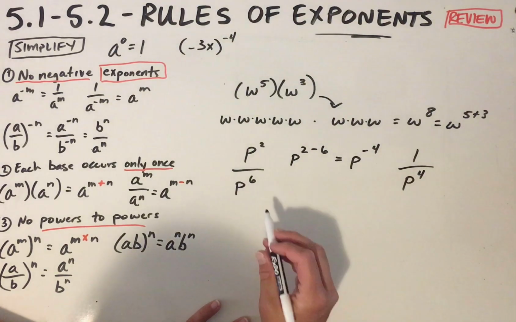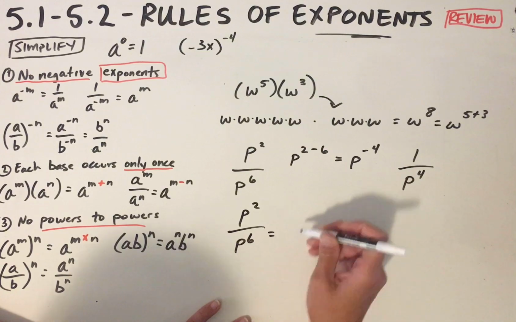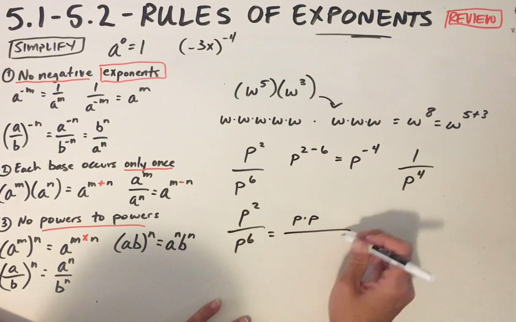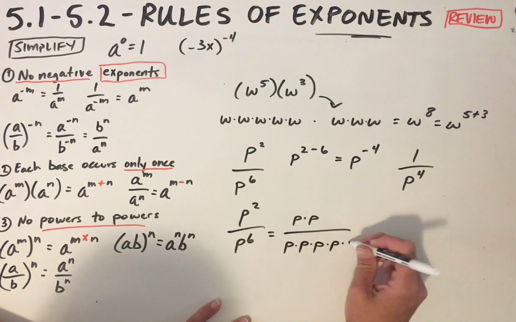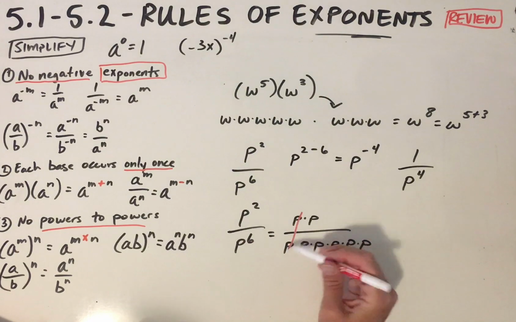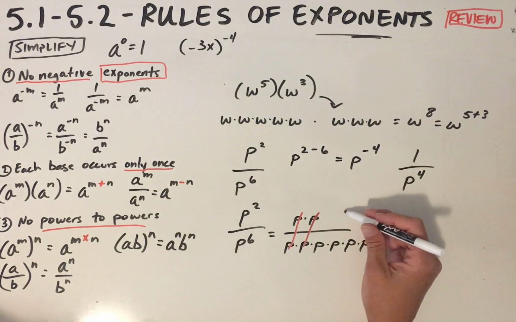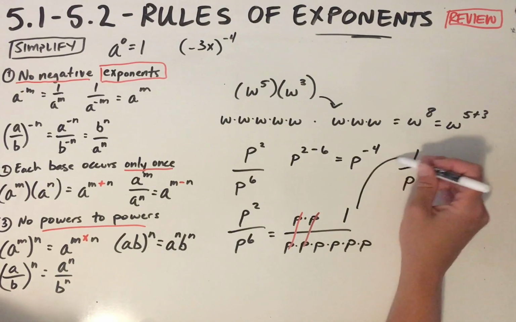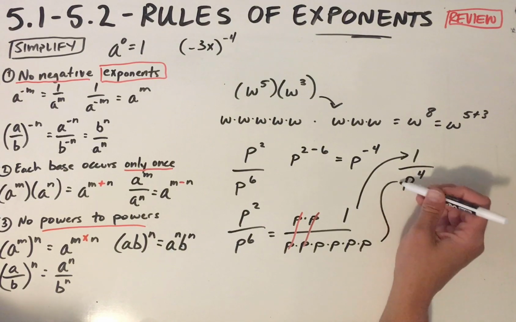But you could also say that p squared over p to the 6th is the same thing as p times p over 1, 2, 3, 4, 5, 6 of these p's related through multiplication. Well, anything divided by itself is 1, so I'm going to leave behind a factor of 1 here. You can see that 1, 2, 3, 4 p's are being multiplied together.